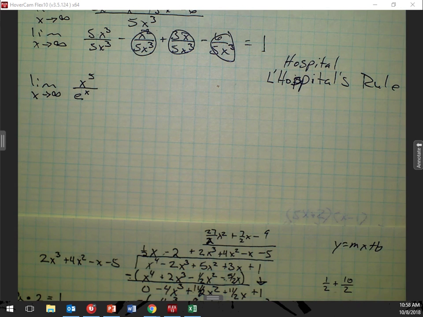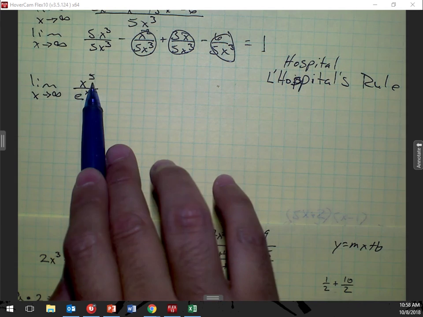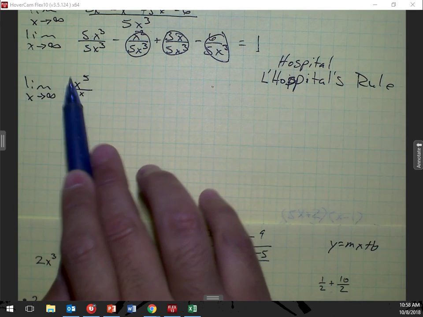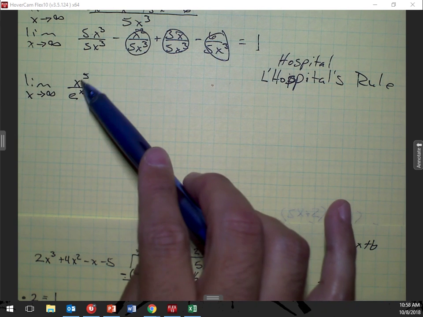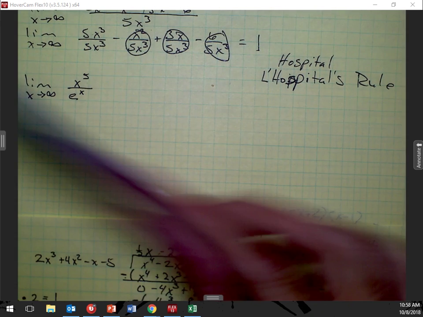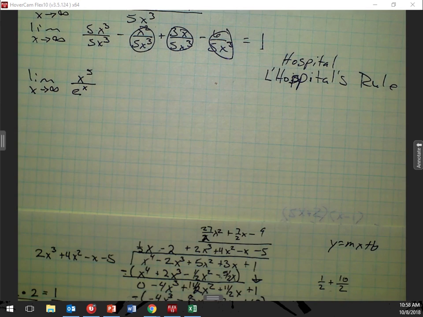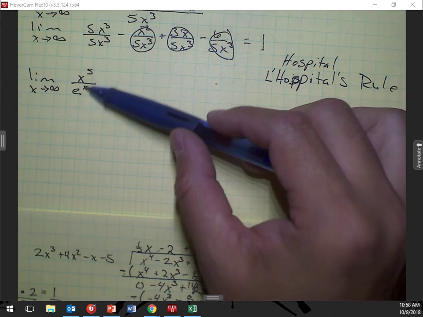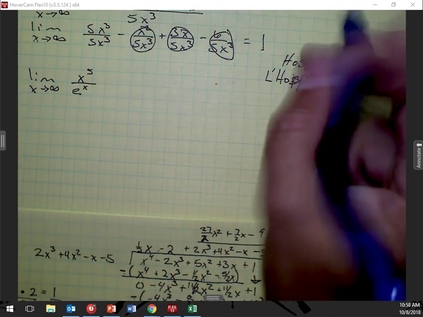Okay, so for this to work, I have to look to see, as I plug this in, do I get infinity over infinity? Yes, it's going to get infinity over infinity. I just don't know which is going to win.